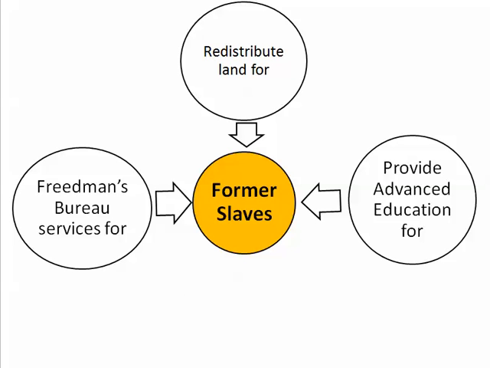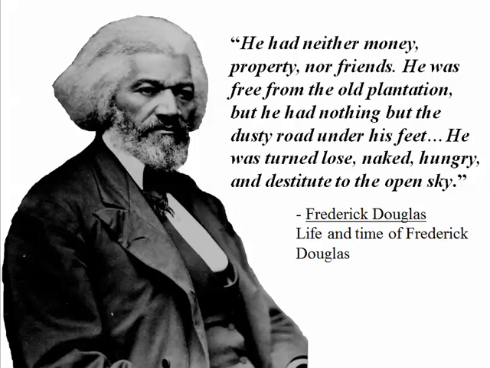After the Civil War, when slaves were freed, they had nothing. The most eloquent way this was written was in Frederick Douglass's The Life and Times of Frederick Douglass, that he wrote himself. He said, the slave had neither money, property, nor friends.